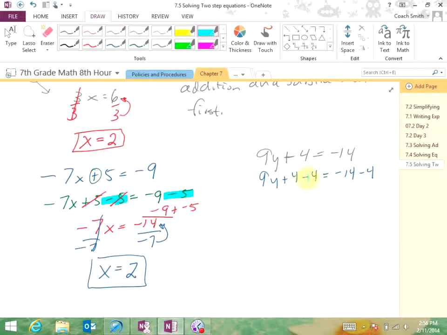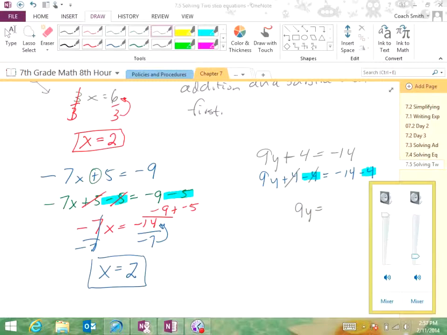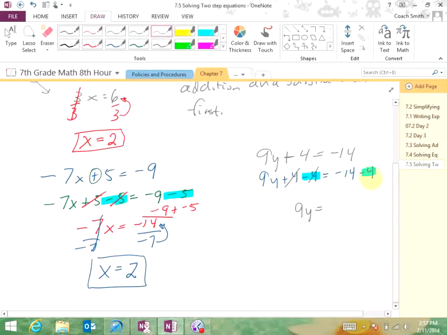Once again, this is the part that we added to the equation. So we'd scratch those two out, leaving me with 9y equals, this is negative 14 plus negative 4, which is negative 18.